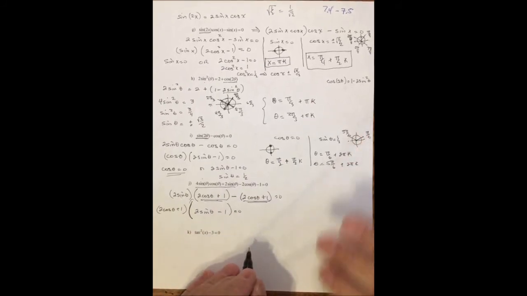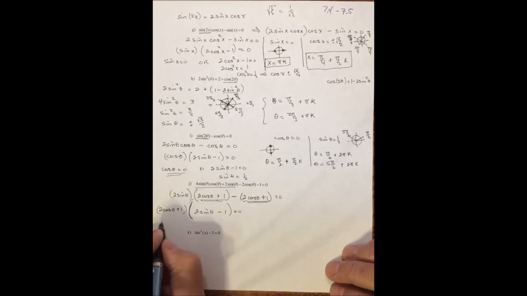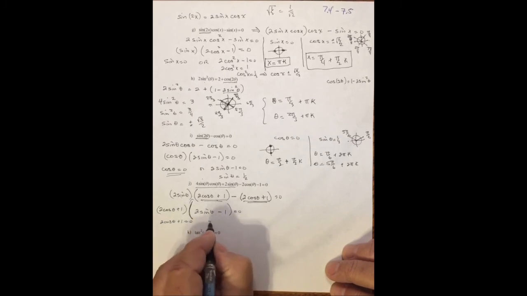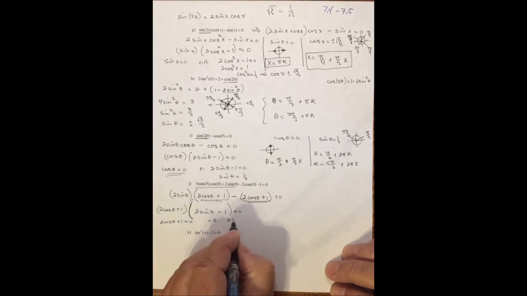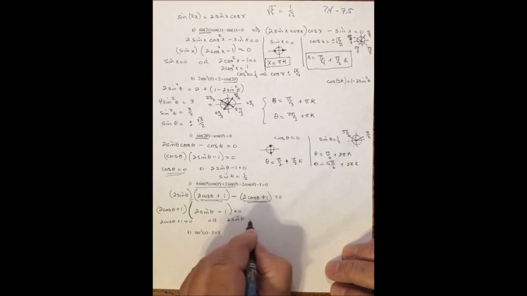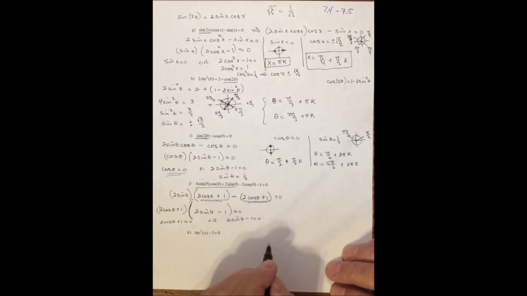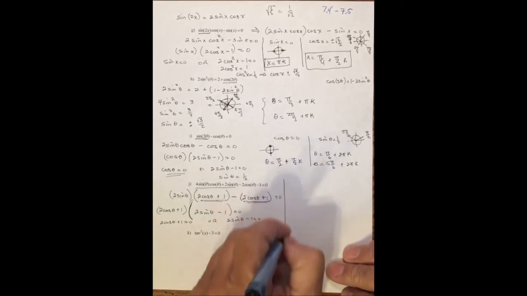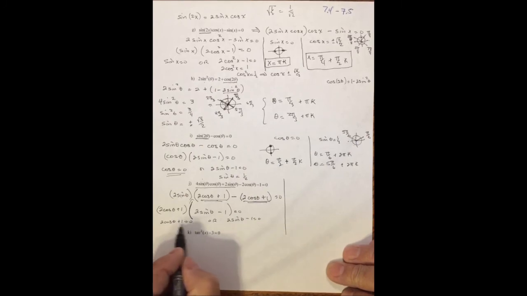Oh my goodness. So what does this give us? This gives us 2 cosine theta plus 1 is 0, or 2 sine theta minus 1 is 0. So let's take this one.